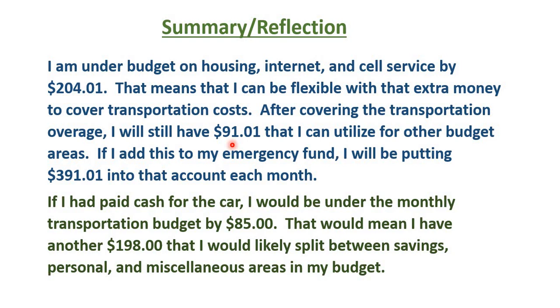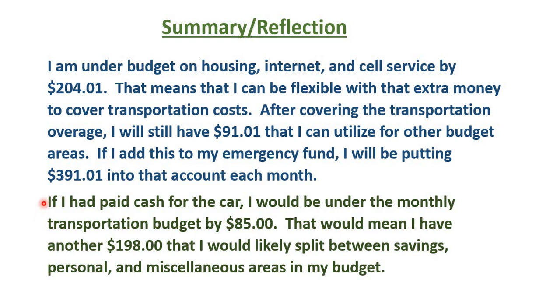And so if I left everything else alone, then I could just utilize that money. And so for example, maybe I put it into my emergency fund. I had set aside $300 per month for the emergency fund, but now I have nearly $400 to go into that account, which is nice.